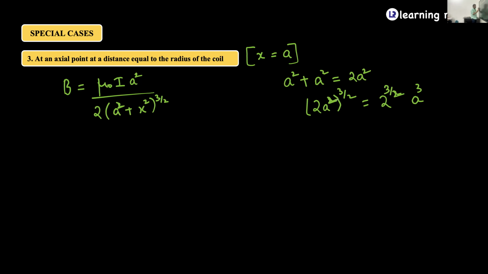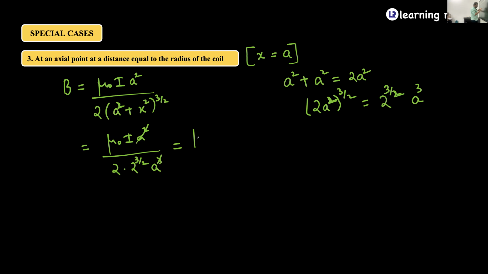So when I substitute that here, we get mu naught I a square divided by 2 into 2 power 3 by 2 into a cube. So 2 into 2 power 3 by 2 is 2 power 5 by 2. And a square will cancel with a cube, and a is left out.